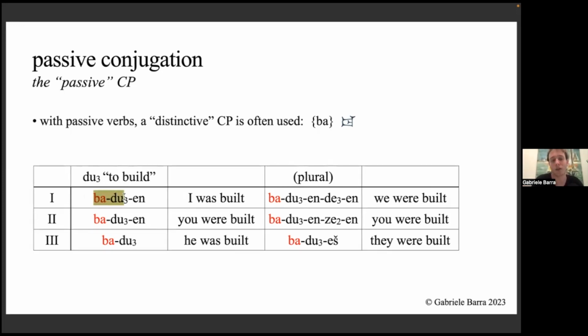So ba-du-n, same thing. I was built, you were built, ba-du, ba-du-enden, and ba-du-esh. This is the cuneiform character for ba, and it pops up quite a lot in Sumerian, so it's a very common sign in words as well. So be sure to look at that.